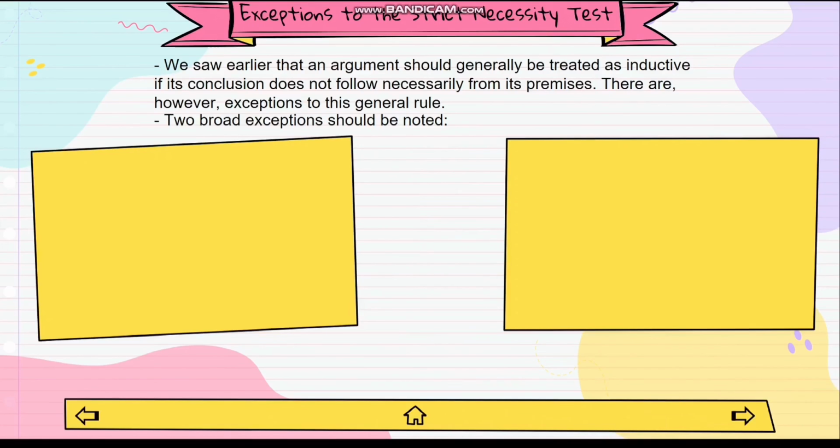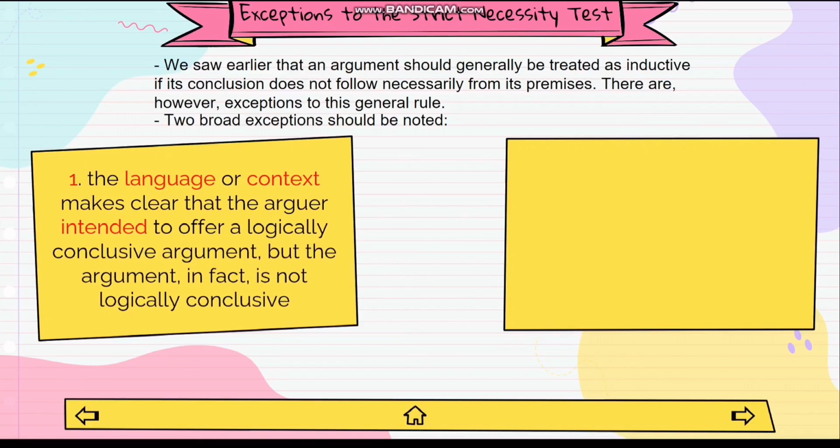Exceptions to the strict necessity test. We saw earlier that an argument should generally be treated as inductive if its conclusion does not follow necessarily from its premises. There are, however, exceptions to this general rule. Two broad exceptions should be noted.